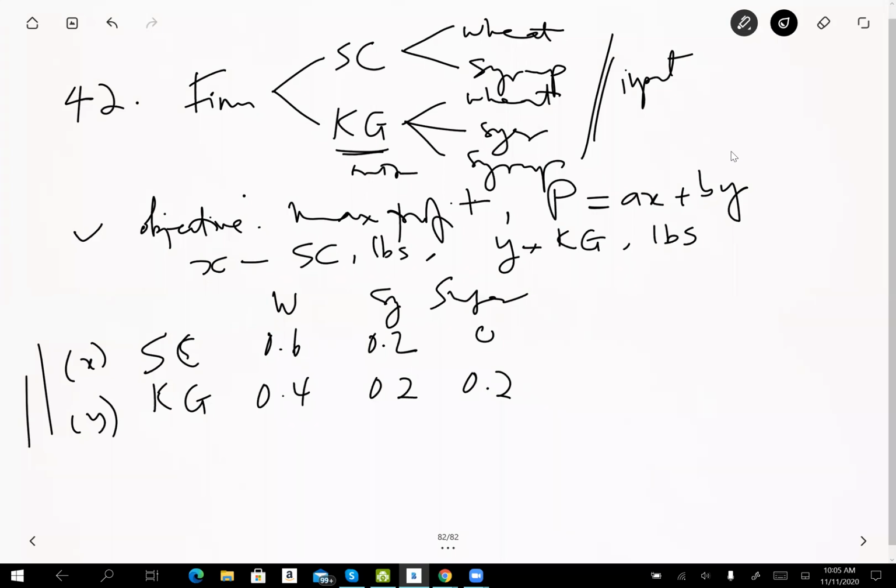So you have the table already, and then you have the objective. So the problem is now maximize profit. So you have to state the problem. Otherwise, what are you solving? Okay. So the problem is to maximize the profit.